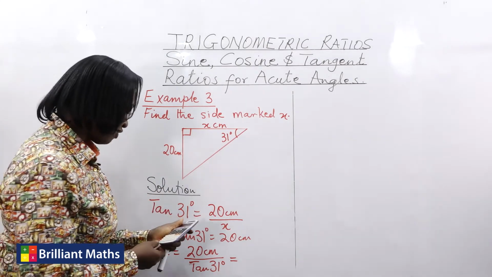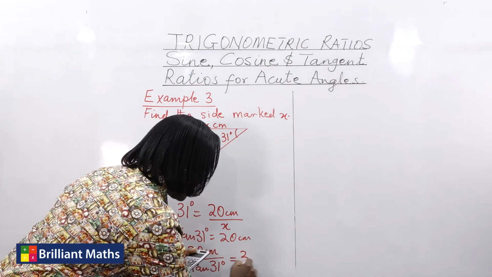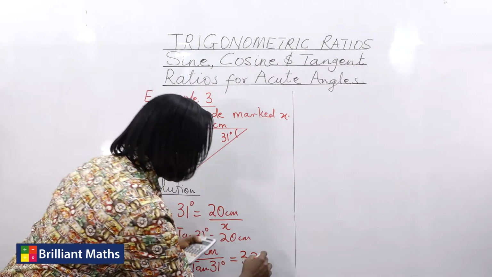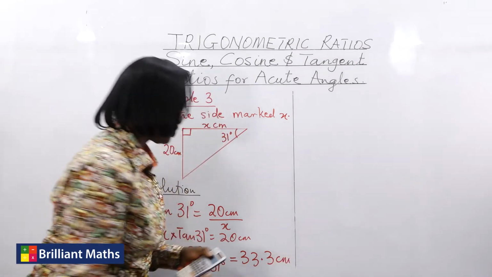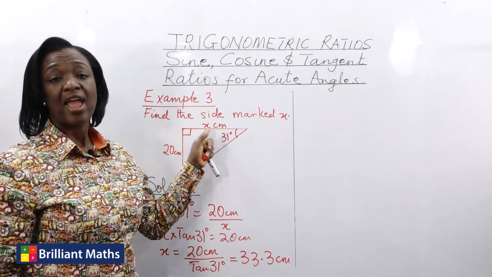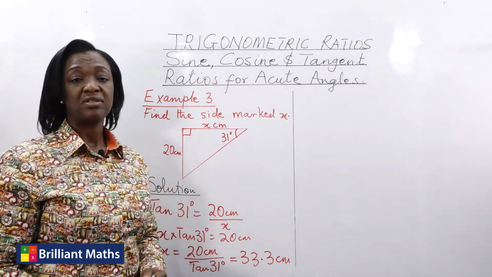So the length of line X is equal to 33.29. So we can call it 33.3 centimeters. So that's the length of X. X is equal to 33.3 centimeters.